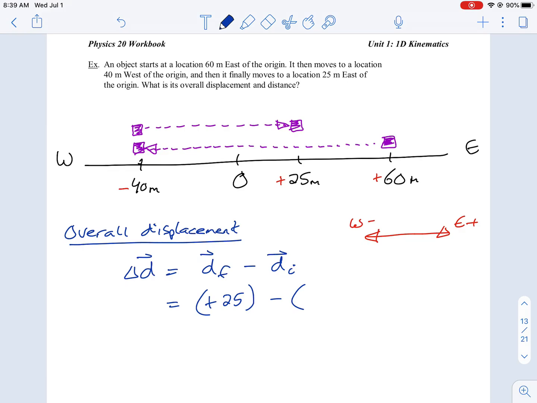And D initial is at positive 60. And this gives us an answer of negative 35 meters, or 35 meters to the west.